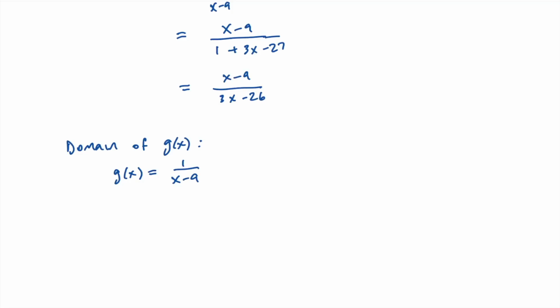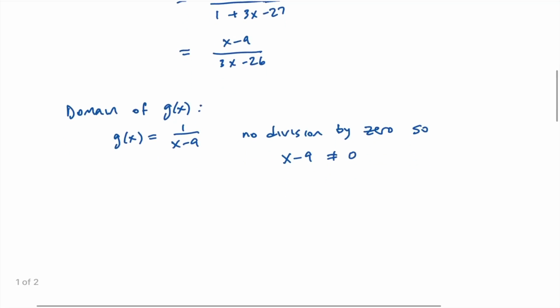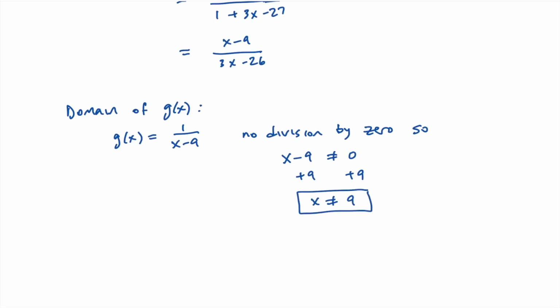And so we cannot allow x minus 9 to be equal to 0. So let's say no division by 0. So x minus 9 cannot be 0. So if we add a 9 to both sides, we see that x cannot be 9. Okay, so that's one thing we have to consider.